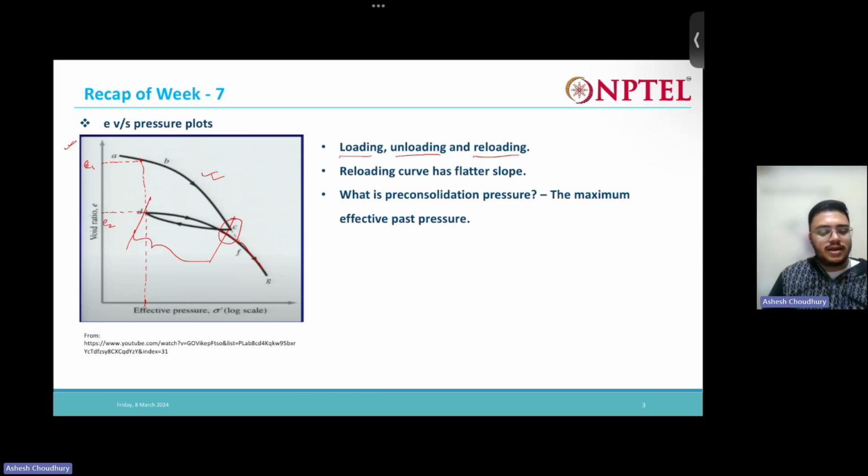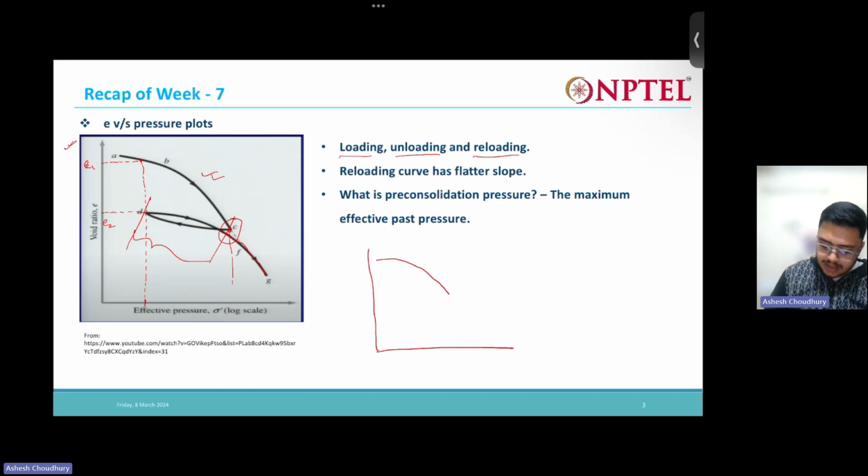This is how a general void ratio versus pressure plot looks like. Now, what is pre-consolidation pressure? The pre-consolidation pressure is the maximum effective past pressure, the maximum effective pressure that the soil has undergone in the past. So now see, in this graph, what we are doing, we are loading it up to the C point. So let me draw it here once.